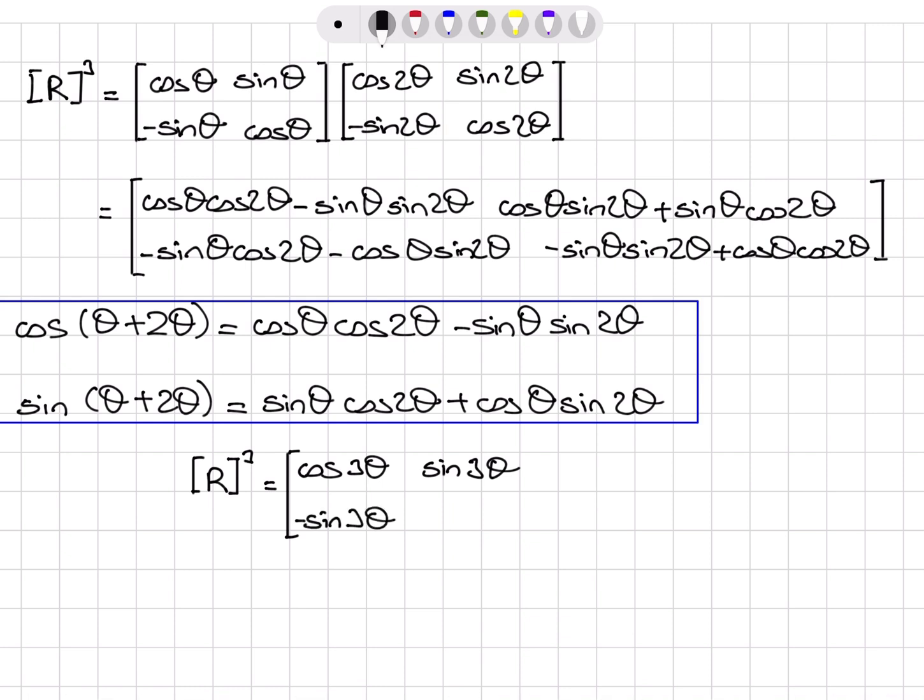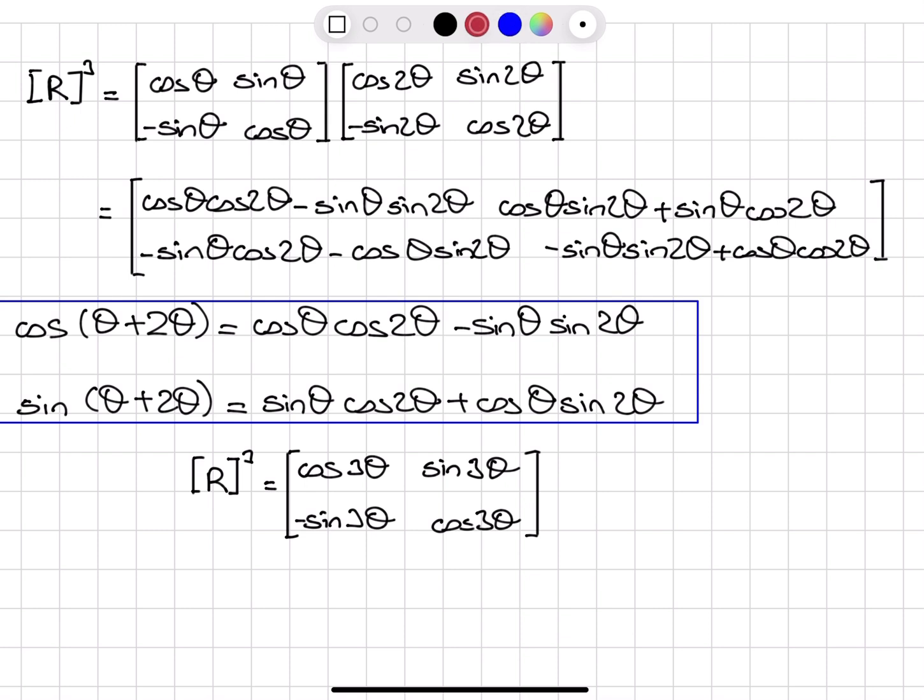And the last term, cosine theta cosine 2 theta minus sine theta sine 2 theta, is cosine 3 theta.